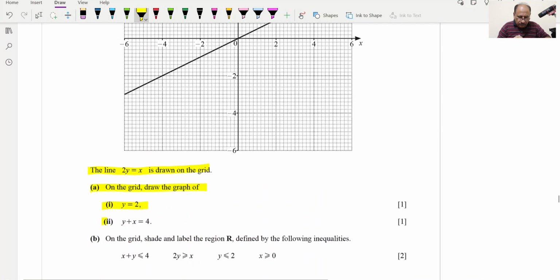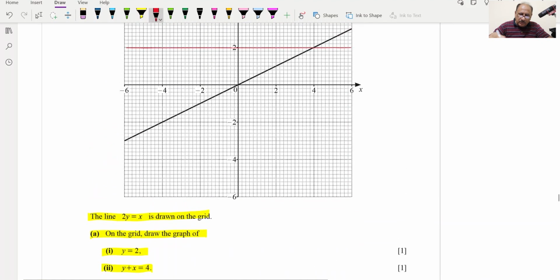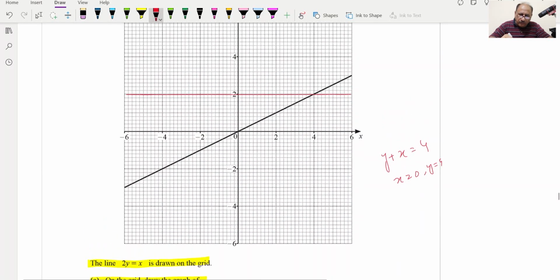Then they are saying y plus x is equal to 4. So we can draw that line, y plus x is equal to 4. When x is equal to 0, y will be equal to 4. So 0 and 4 will be this point, and when y is equal to 0, x will be equal to 4.